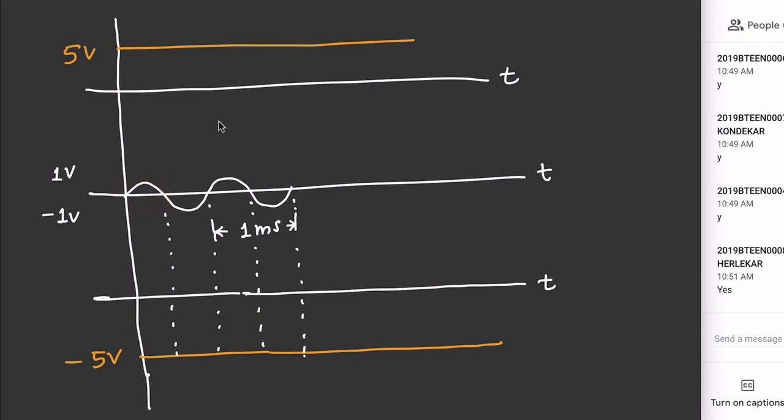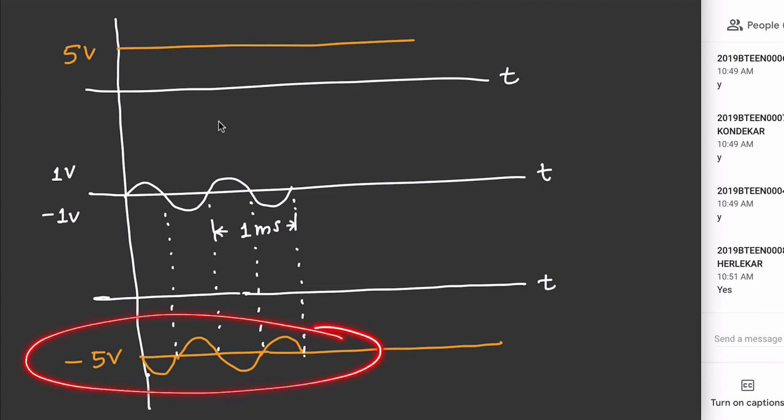It means output will be like this. Amplitude should also be the same, 1 volt, like this. So this will be the final output. And in the diagram, 0 volt is here. Hope you are able to understand this.